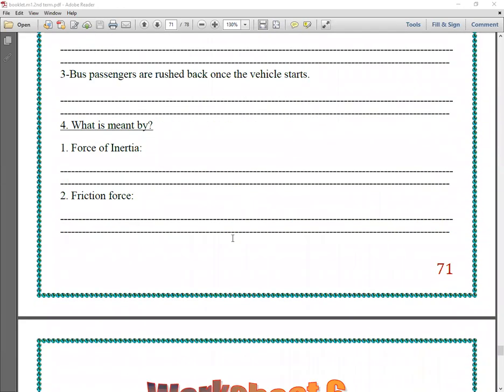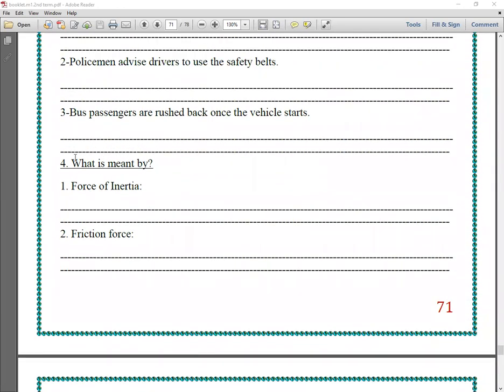Number 3, bus passengers are rushed backward once the vehicle starts. Why the passengers or the driver are rushed back when the vehicle starts to move?